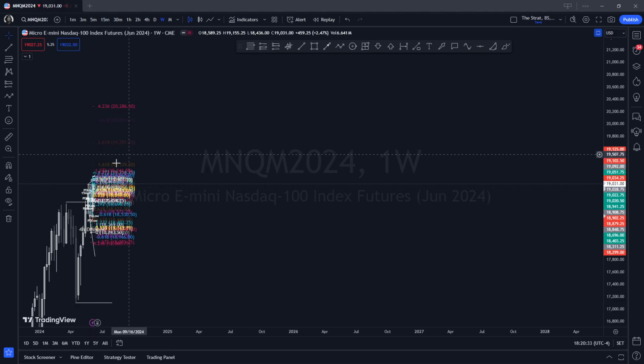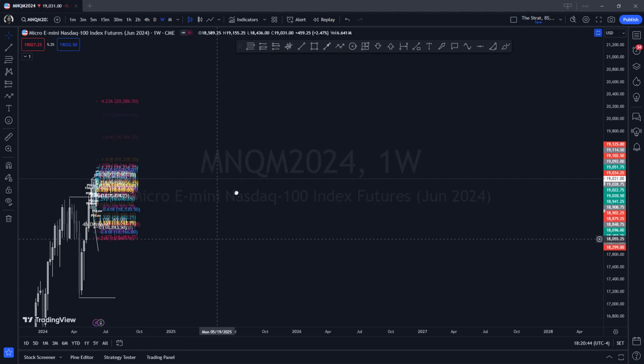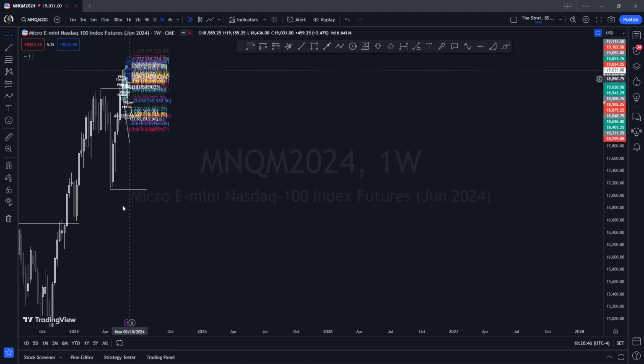So either we come back down here to pull back and retrace and move up again, or we start taking out larger time frame broadening formations. So we start taking out this low, right? And then we come back and either this support holds here, 50% of this range, somewhere around here.